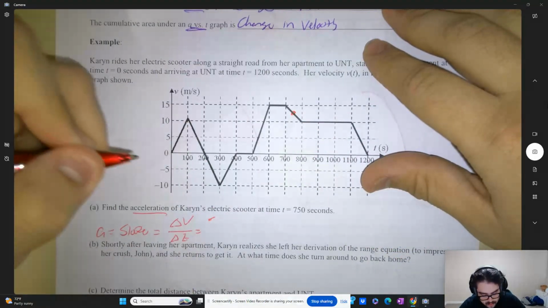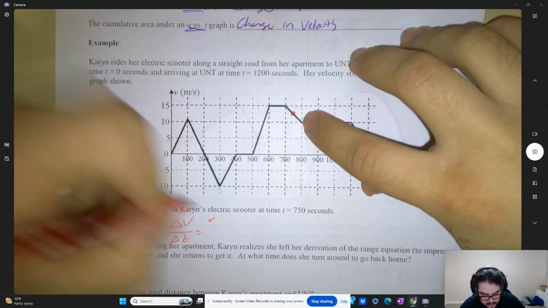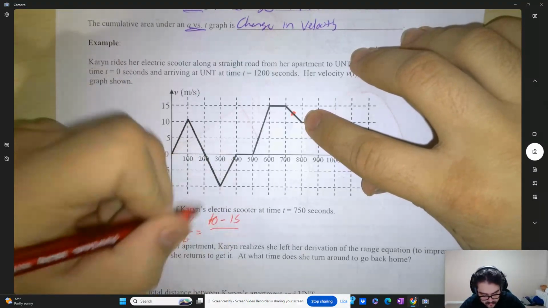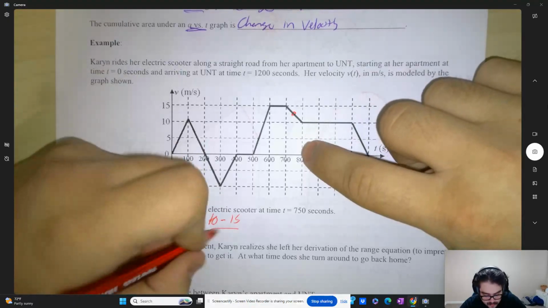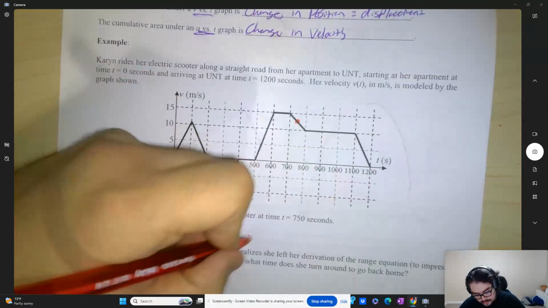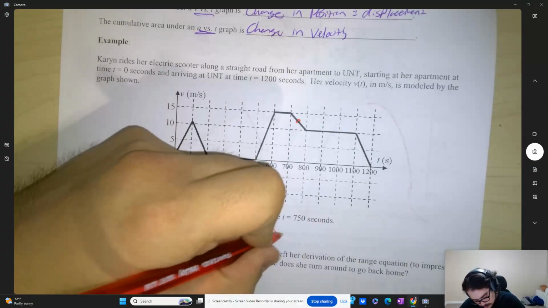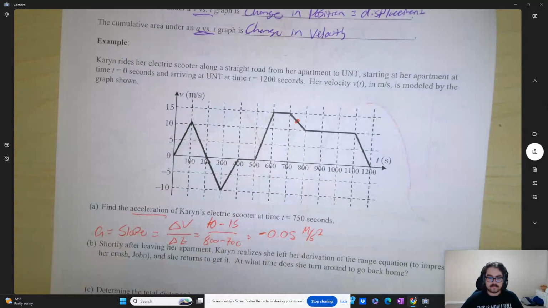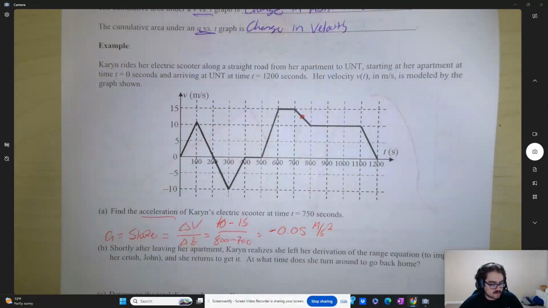It should be 10 minus 15, final minus initial, over 800 minus 700. You should end up getting negative 0.05 meters per second squared for that.